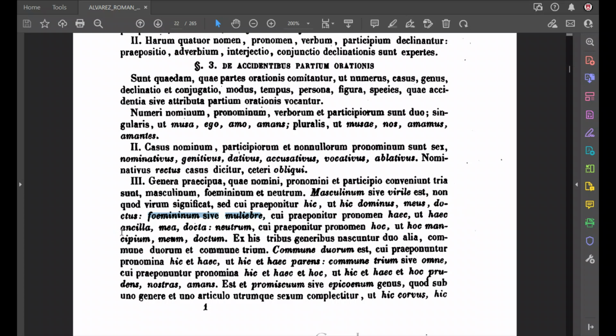Third, neutrum. Neutrum, which means neither in Latin. Neutrum, cui preponitur pronomen hoc. The neuter gender to which the pronoun hoc is set before, such as hoc mancipium.